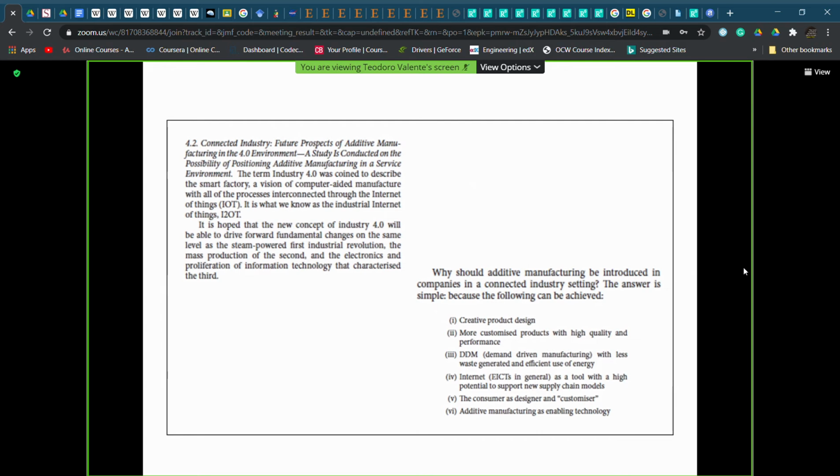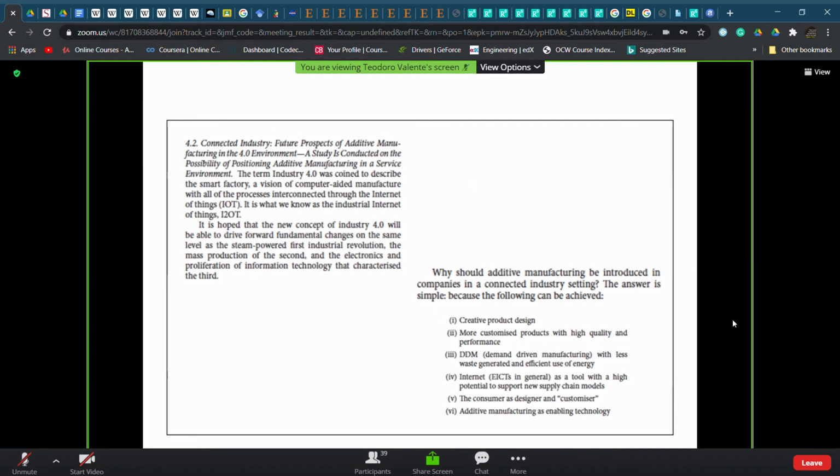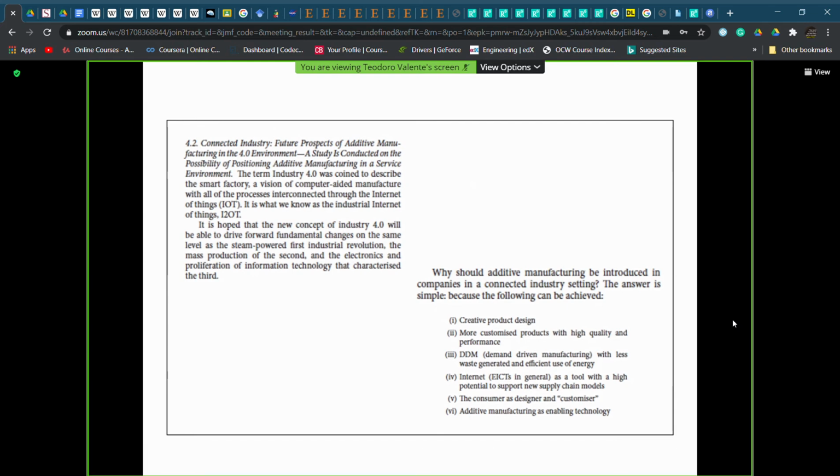Now it is named Transition 4.0. And so additive manufacturing is very important because, due to its intrinsic properties, it allows the possibility to be in line with the development of digital fabrication technology.